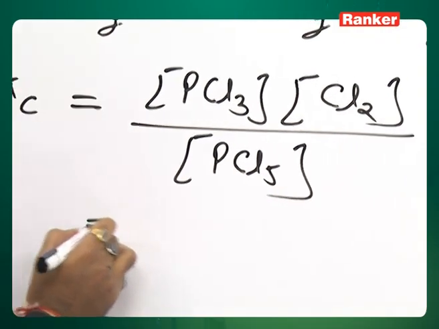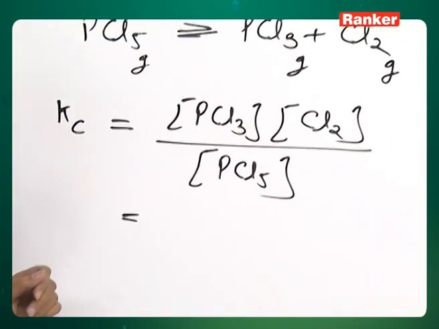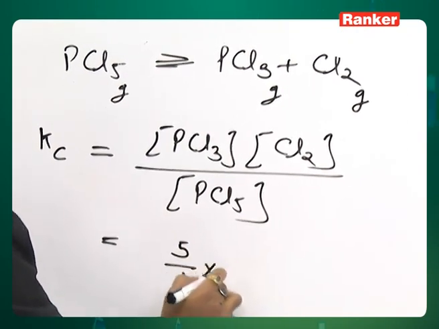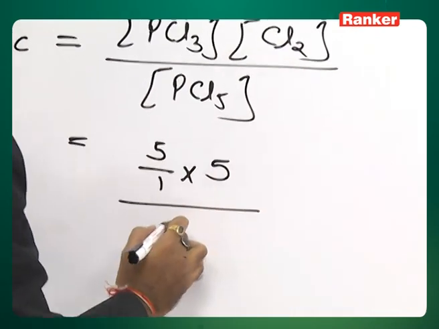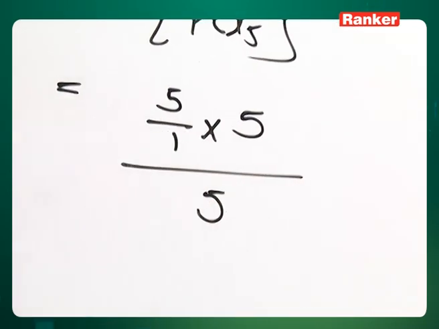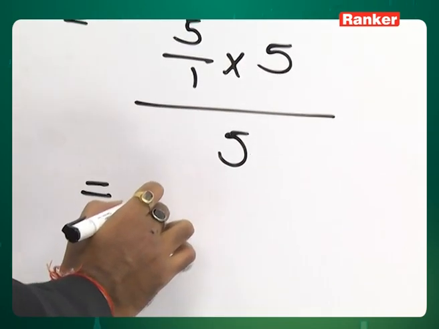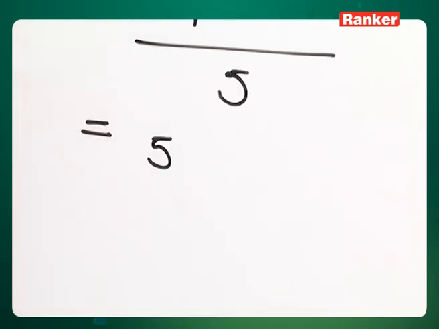Okay. Each one has been given 5 moles. So we put it as 5 by 1 into 5 upon 5. Right? So the equilibrium constant comes out to be equal to 5 in this case.